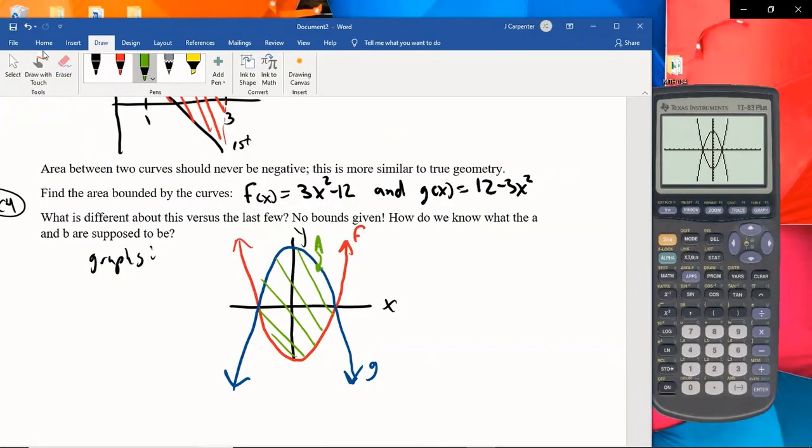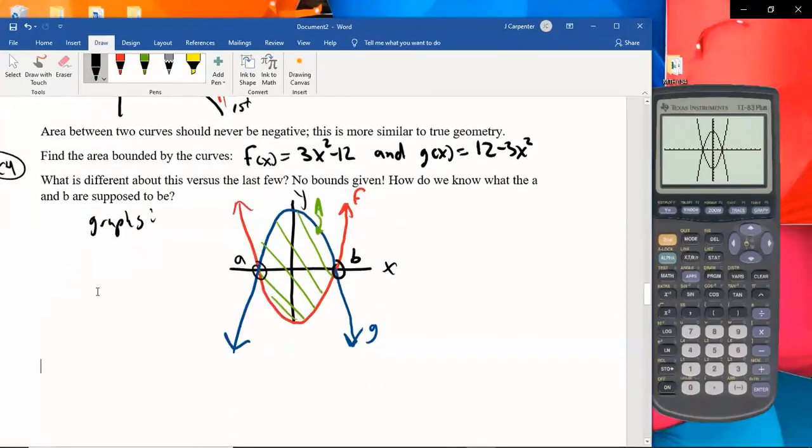So in other words, you can find the lower and upper bounds based on the intersecting points. Whatever value is here should be your A, and whatever value is right here should be your B. Let me just put it as a written note to the side.